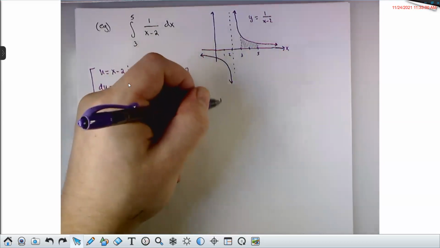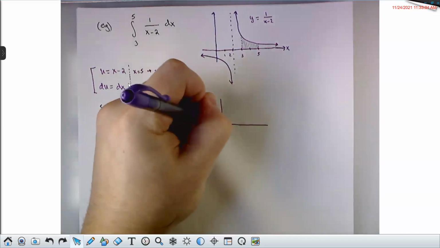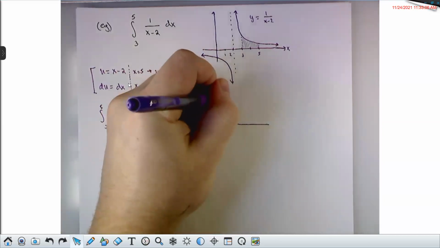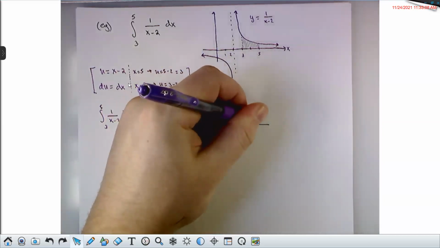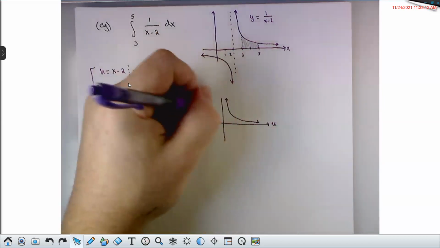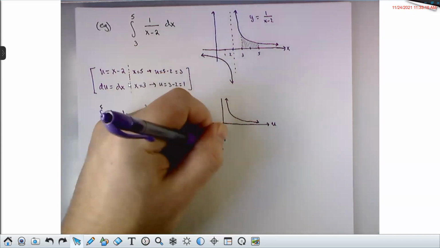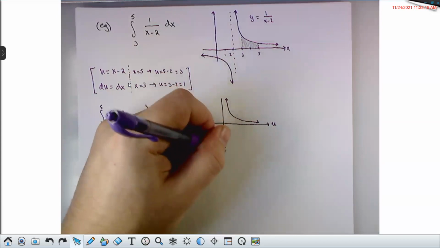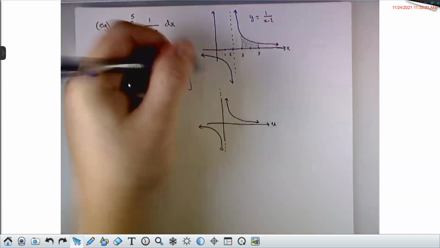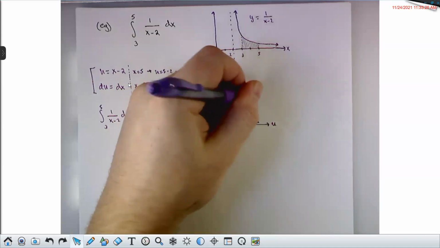And if I sketch this function 1 over u along the u-axis, this is the u-axis. What that change of variables does is it just slides everything back over to the left. This is the graph y equals 1 over u.